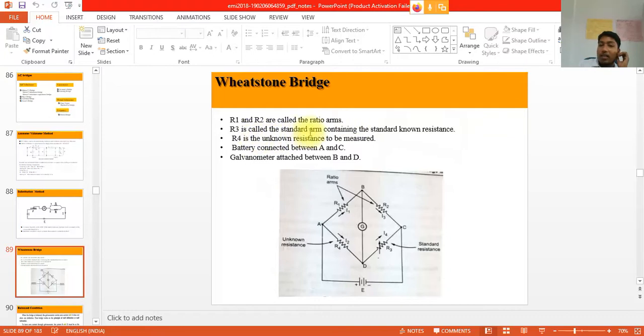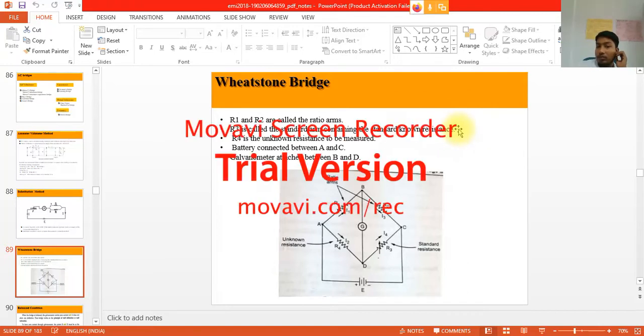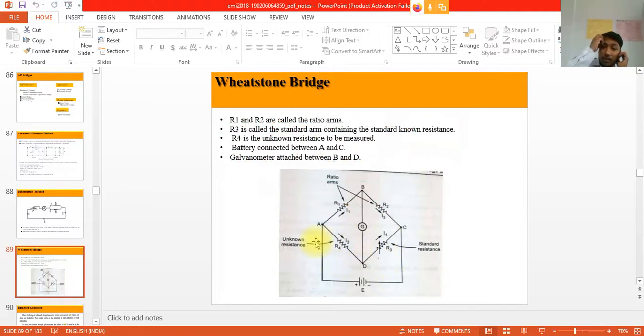R3 is called the standard arm, containing the standard known resistance. R4 is the unknown resistance to be measured. The battery is connected between A and C, and the galvanometer is attached between B and D.